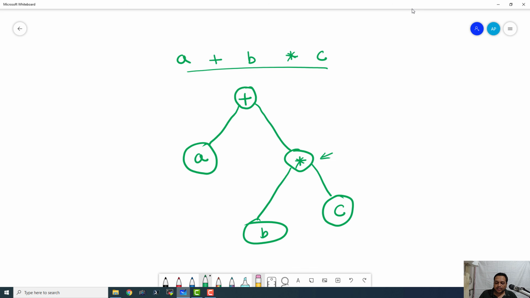Now, based on that expression tree, we can compute the prefix, infix, and postfix of any expression. You must have heard of in-order traversal, and then there is pre-order, and finally there is something known as post-order.